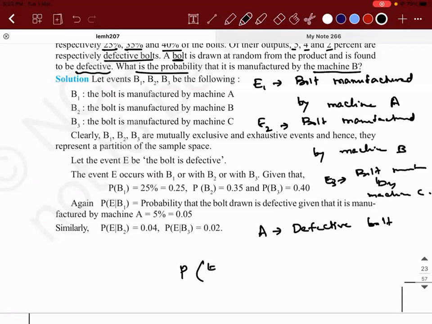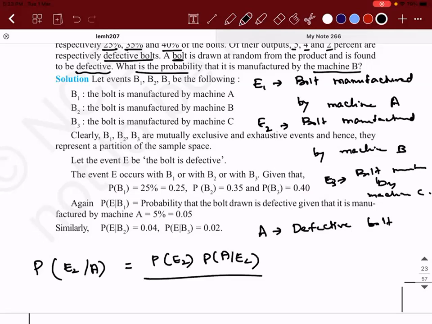You know that it is a defective bolt. What is the probability of E2 given A? It is probability of E2 into probability of A given E2, by the sum of all these things: E2 into probability of A given E2.